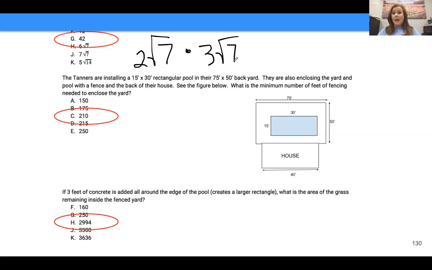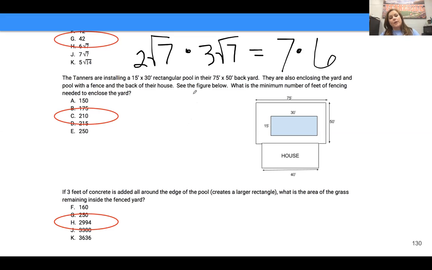Now, you're probably freaking out going, how do I do this? Well, one, use calculator. But 2 square root of 7 times square root of 7 is 7. 2 times 3 is 6. What's 7 times 6? 42. Yeah. Square root of 7 times square root of 7, 7.